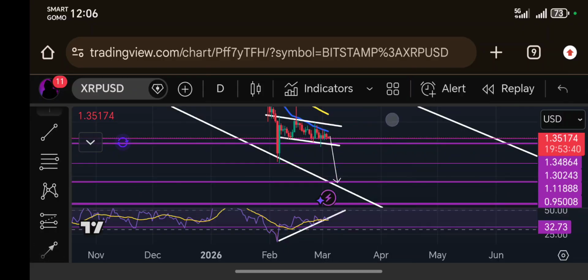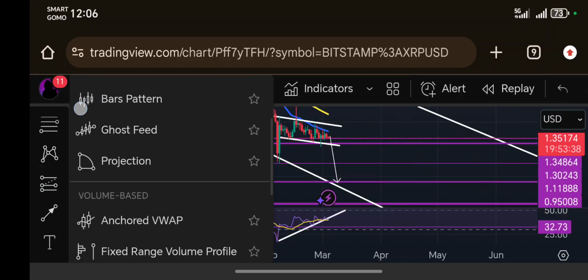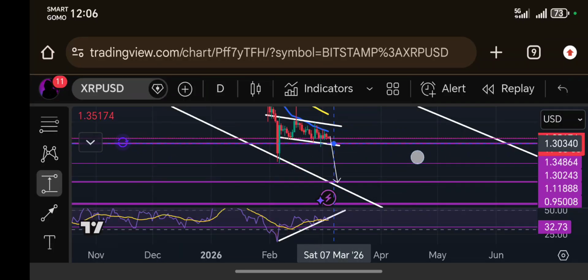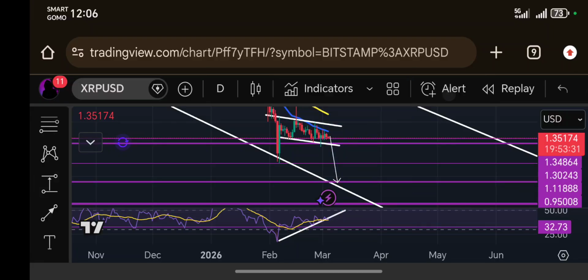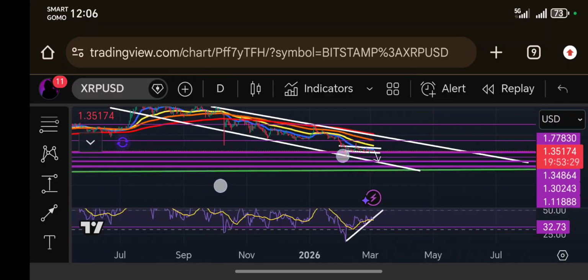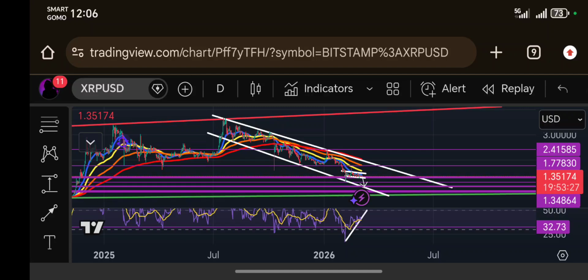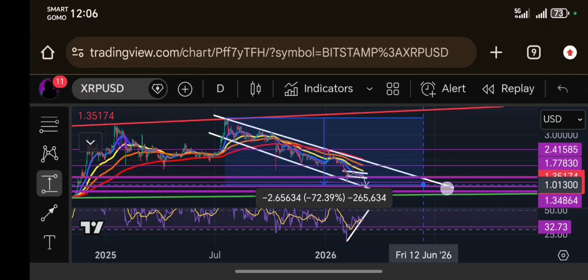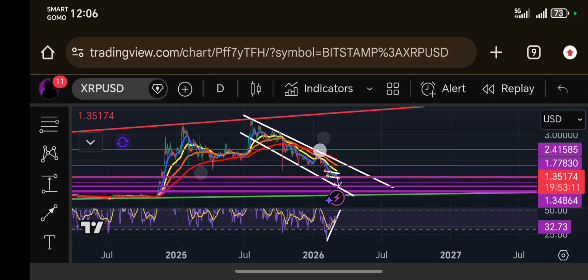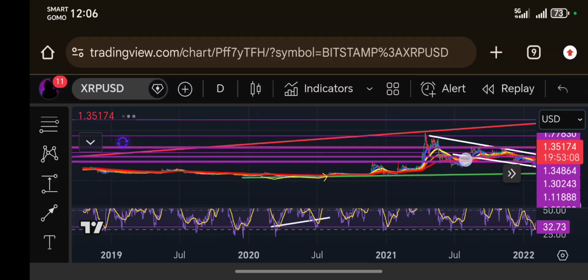In this case, that's going to be another 30% drop to the downside, and from this top here, we're going to get a total of 70 to 75% to the downside, as you can see in the past.